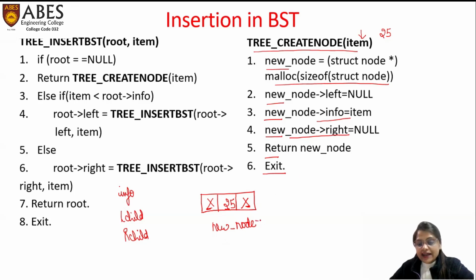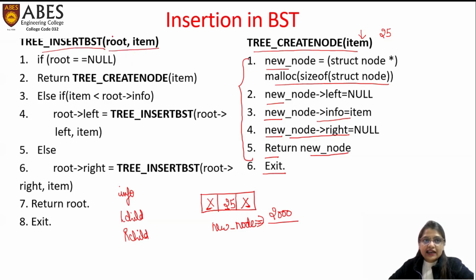It means dynamically it is stored at a particular address. Let us assume this address is 2000, which is returned by this algorithm. So if I want to initially create a node, then this is the procedure that we have to follow, and it will return an address at the end. Now let us consider this insertion into a binary search tree algorithm.